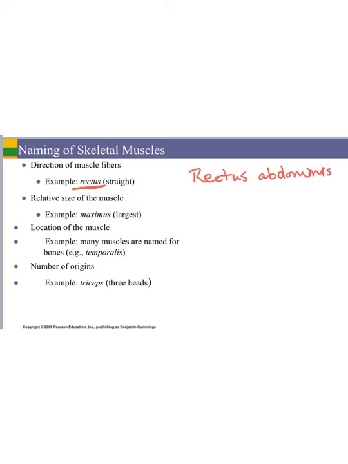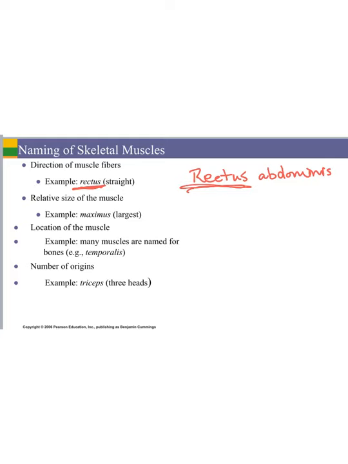The rectus abdominis are those muscles that run vertically in the middle of the abdomen. Those are the ones that give you the washboard look. So rectus means that the muscle is nice and straight, running vertically.